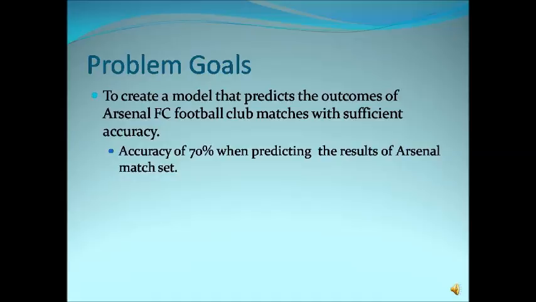The goal we'll be trying to achieve in this project is to create a model that predicts the outcomes of Arsenal FC football club matches with sufficient accuracy. The accuracy we have determined for this project is 70% when predicting the results of the Arsenal match set. We feel that an accuracy of 70% will ensure that we are able to get good, reliable information from the data.